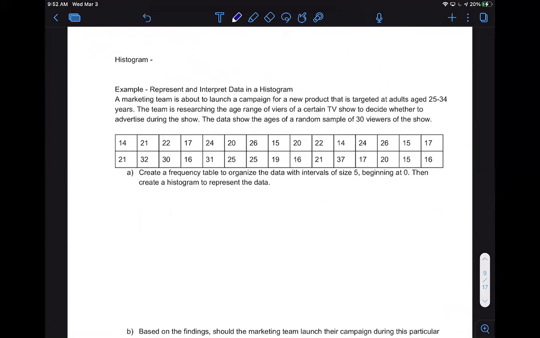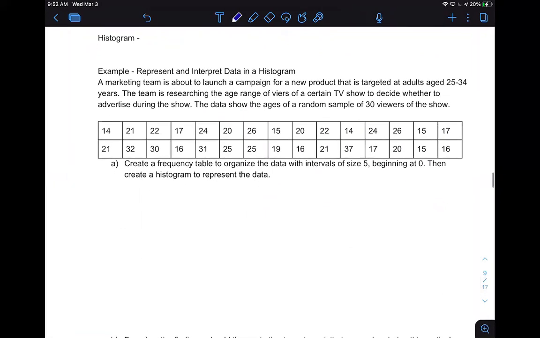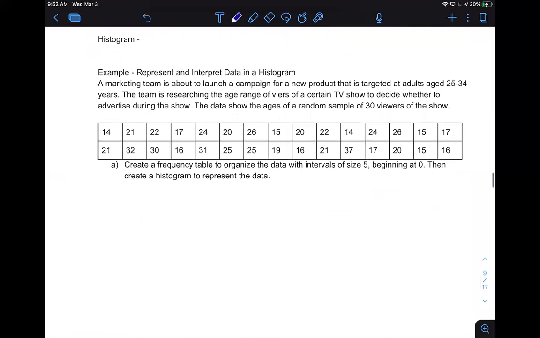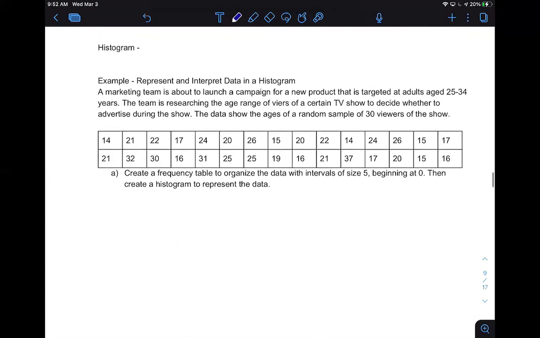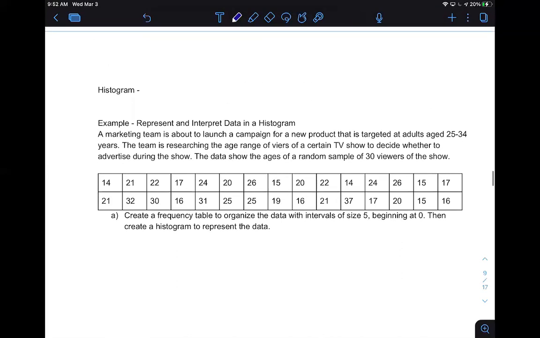Next one is probably one of the most frequently used in statistics. And I'll say they probably require the most amount of work to make, but they're easiest to find information from. Okay. So a histogram, and write kind of small or start at the top.